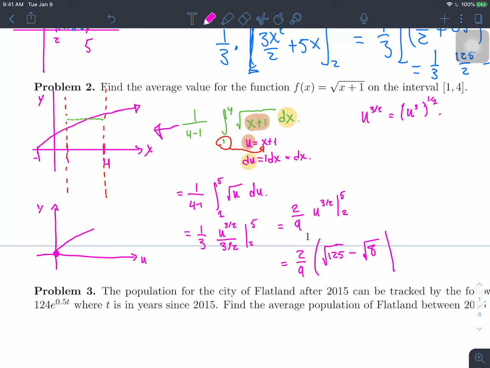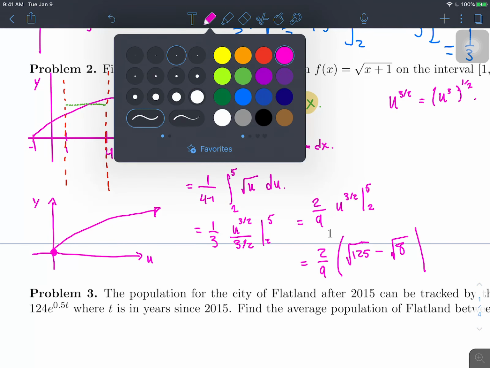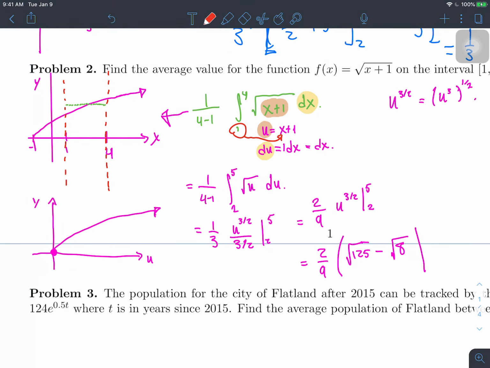And it's going to go up like this, and it's going to have the same exact shape, but it's going to be moved over a little bit. And what this u substitution is really saying is that if we want to find the average value of this top function between these two red goalposts, we can just move the whole function over and do a different problem. Instead of moving from 1 to 4, we'll move from 2 to 5.